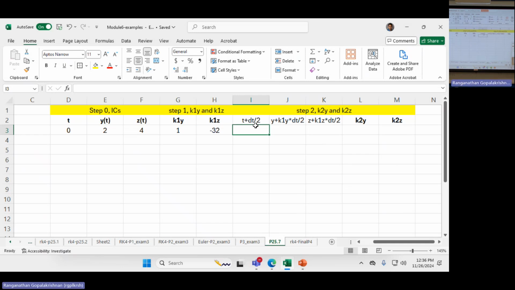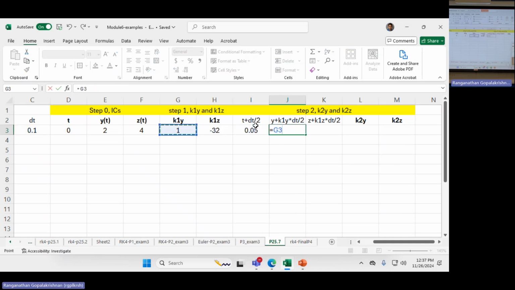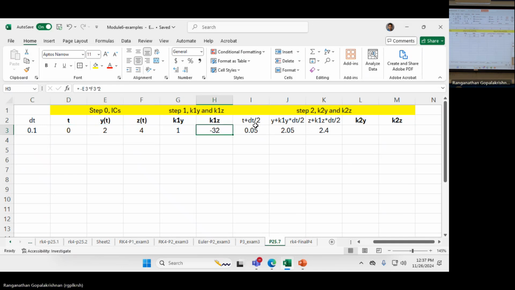Good so far. What is t plus dt? I have to define my dt, which I'll say is 0.1. And t plus dt is time plus dt, lock it, dollar sign, divided by 2. And then y plus half k1y times dt, lock it, and then z plus half k1z times dt, lock it. That's my arguments.